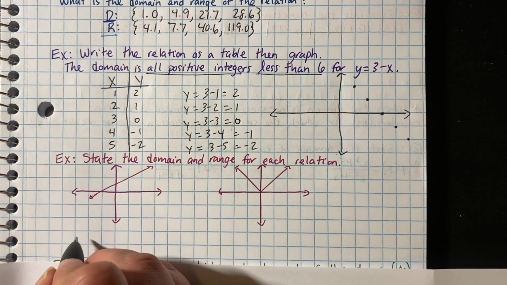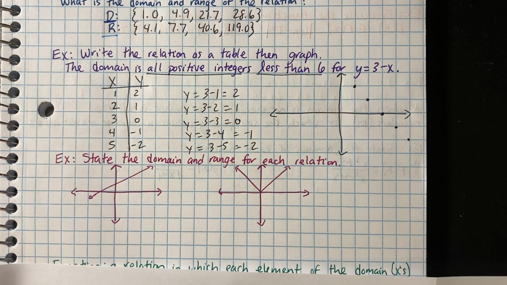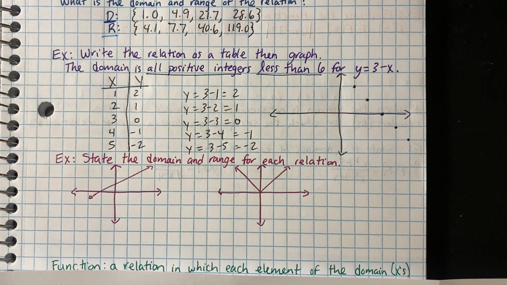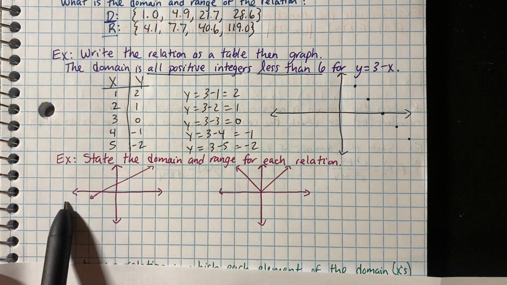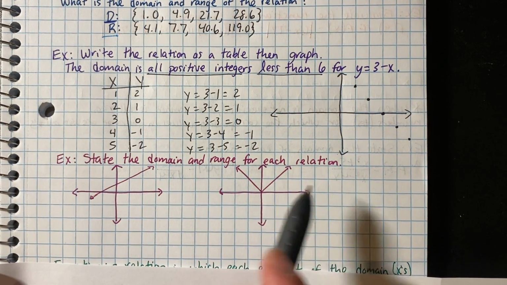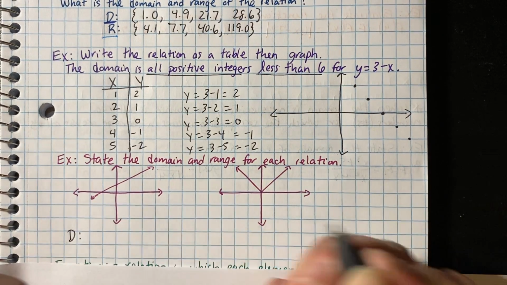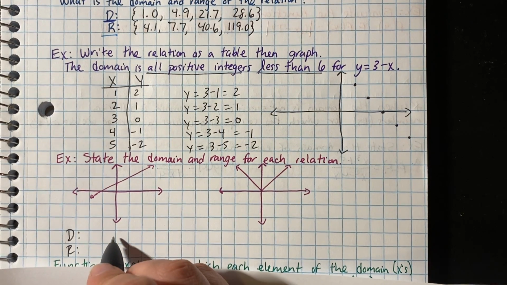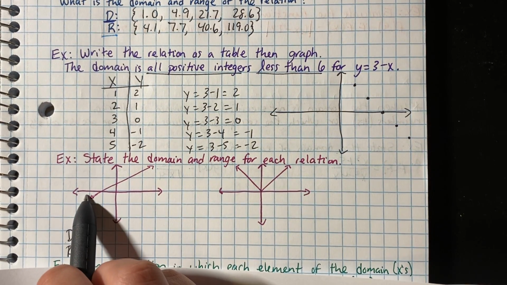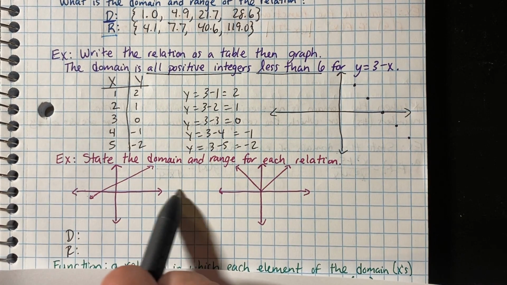So we're going to take a look at these graphs and we're going to talk about the domain and range of each of them. So we'll talk about the domain of this one and the range. My domain is all of my x values. So what are possible x values for this?